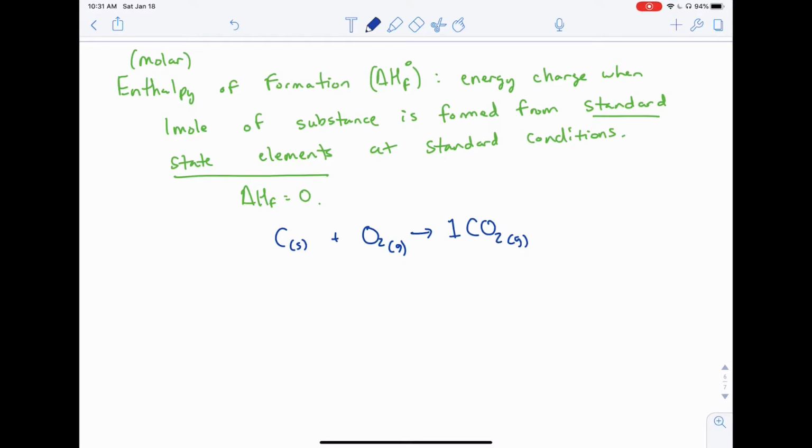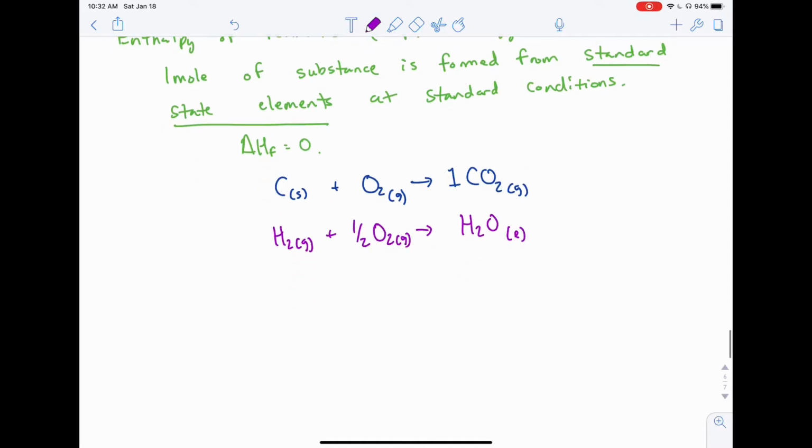So here you can have fractional coefficients, because the only rule for this is 1 product coefficient. That's it. So for example, water, I guess liquid or gas, because it could exist in both, would be produced from H2 gas plus 1/2 O2 gas.